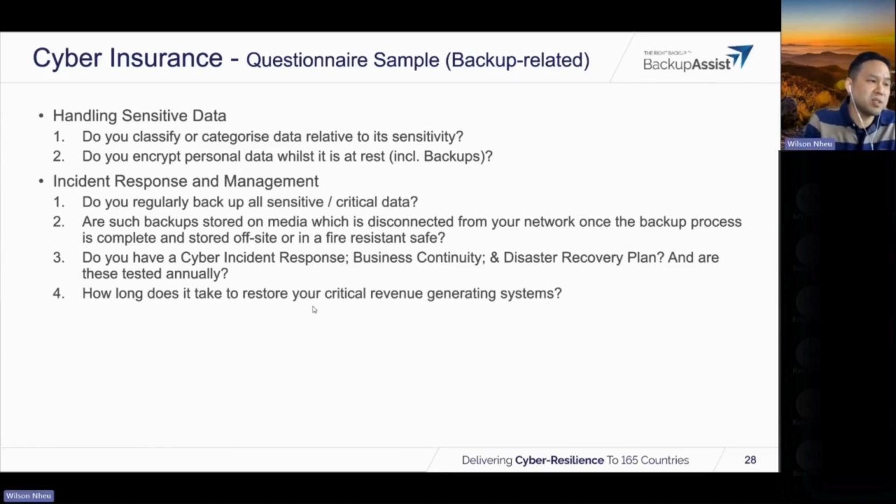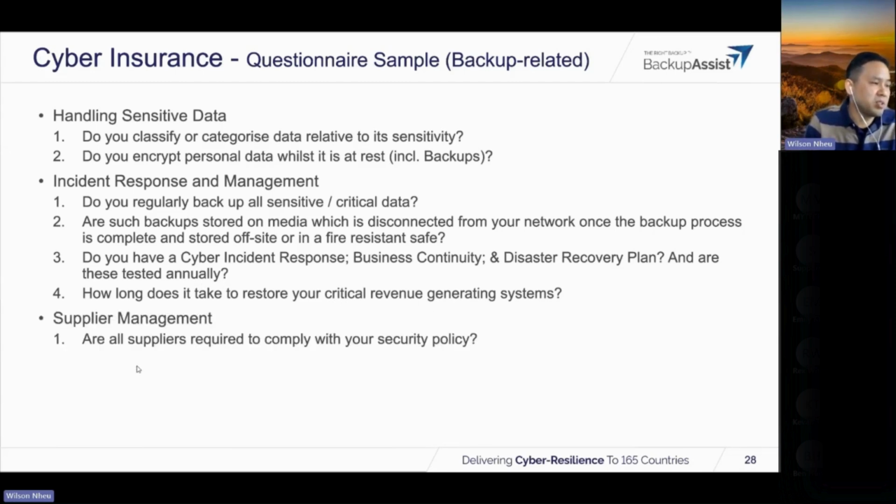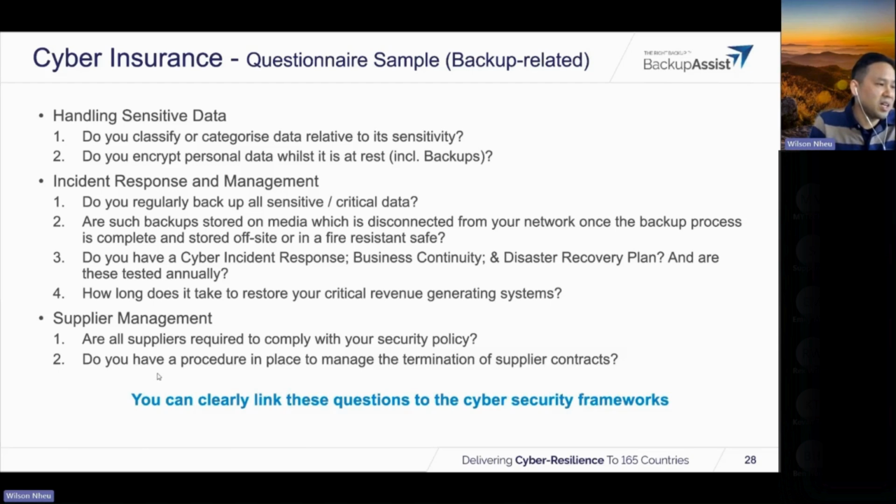How long does it take to restore your critical revenue generating systems? Another question. And then with supply management, you want to ask, are all suppliers required to comply with your cybersecurity policy? And do you have a process in place to manage termination of supply contracts?